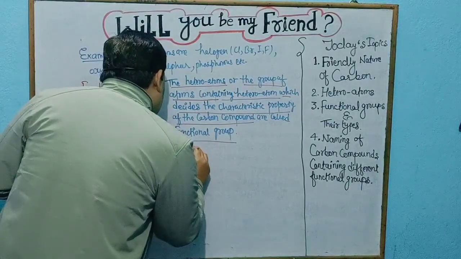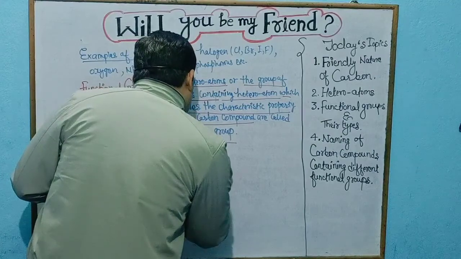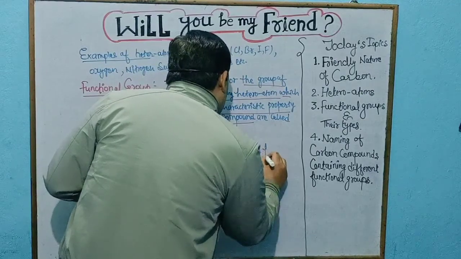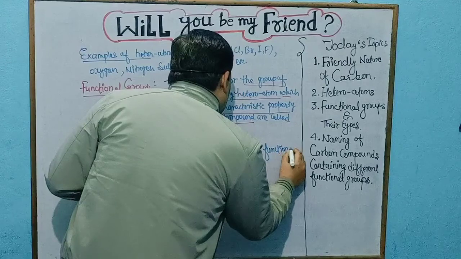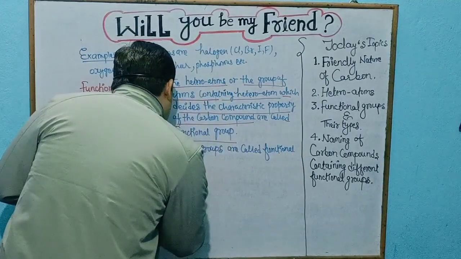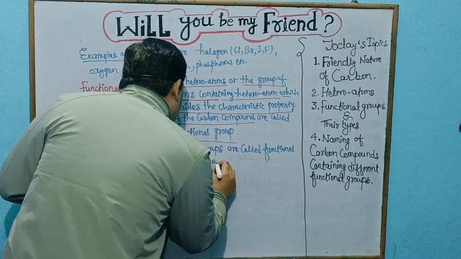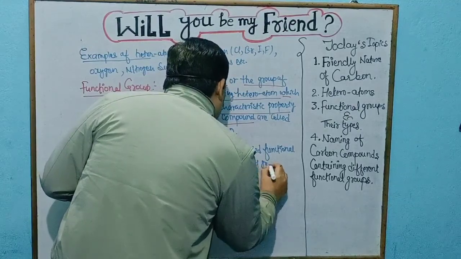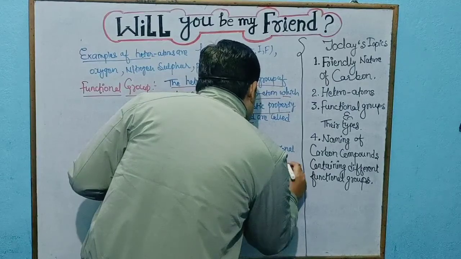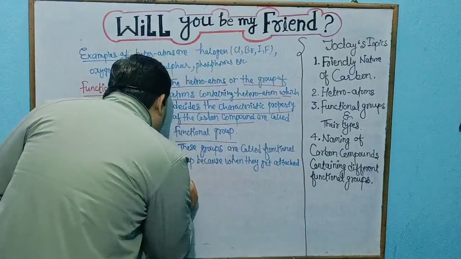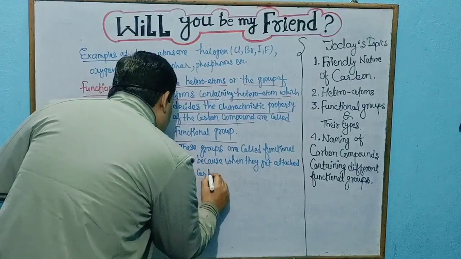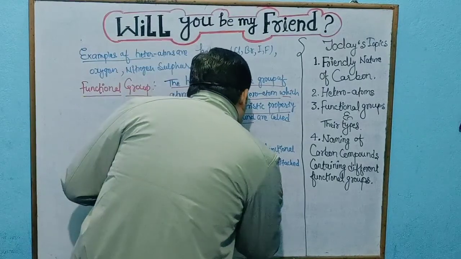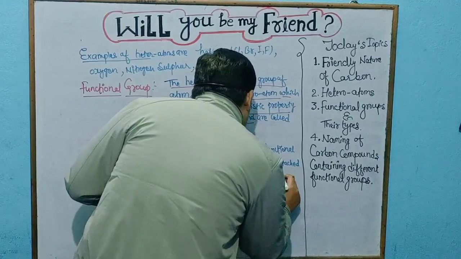These groups are called functional groups because when they get attached to any carbon compound, they decide its property.